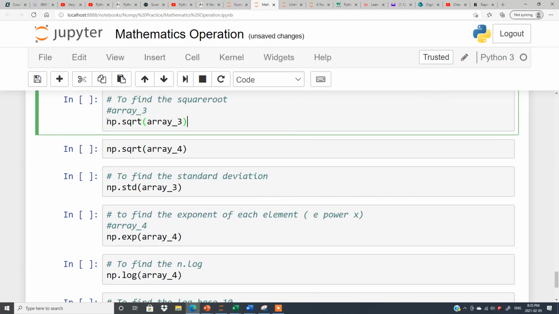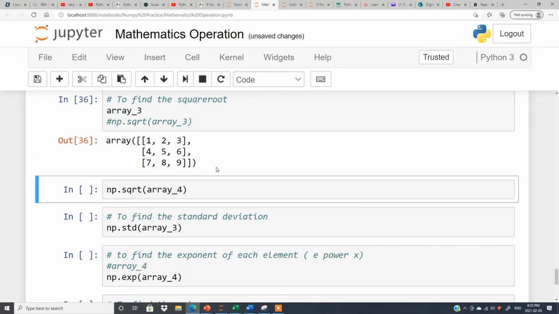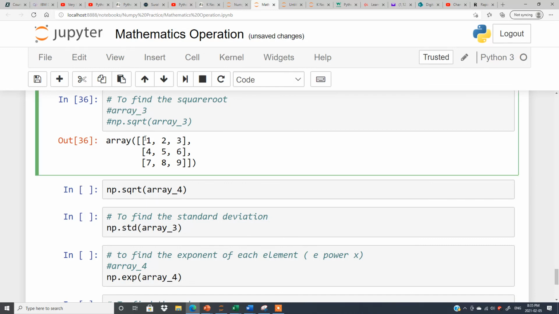So if you want to find out the square root, I'm going to remove this. I will again show you array 3. This is array 3, and if you want to find the square root of each and every entry, say the square root of 4 will be 2, the square root of 9 is 3, the square root of 8 will be 2 point something, right?